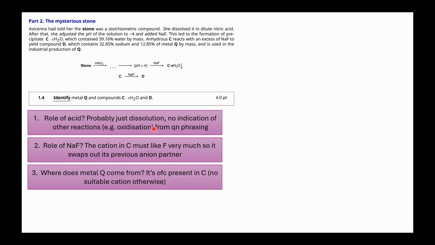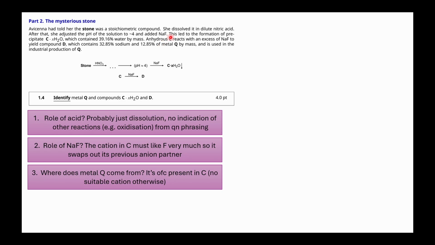And where does the metal Q come from? Of course, it is present in the precipitate. Because when I said C reacted with an excess of NaF to yield D, you have sodium and metal Q and definitely fluorine as well.